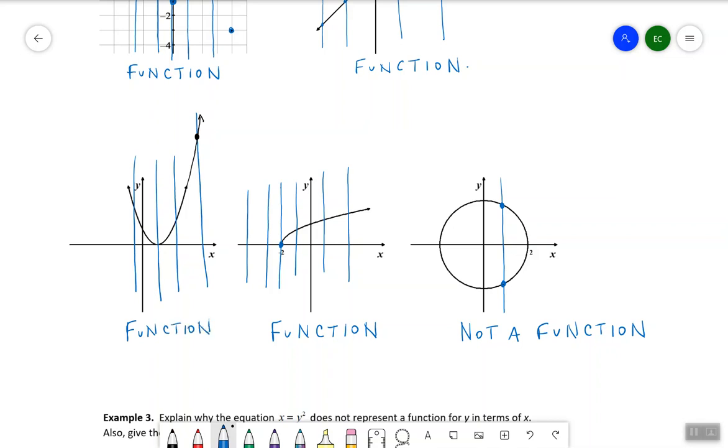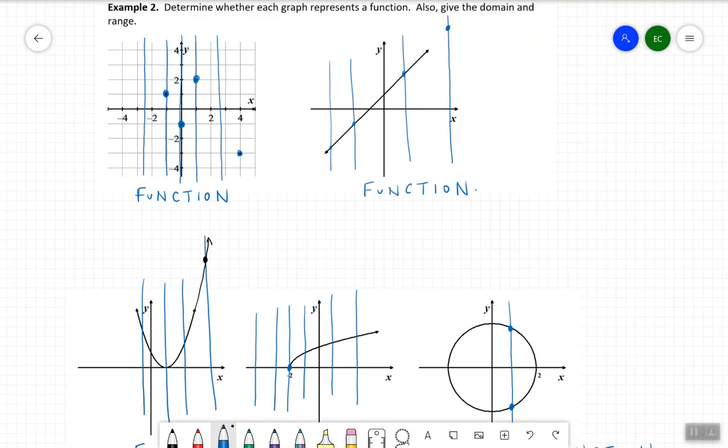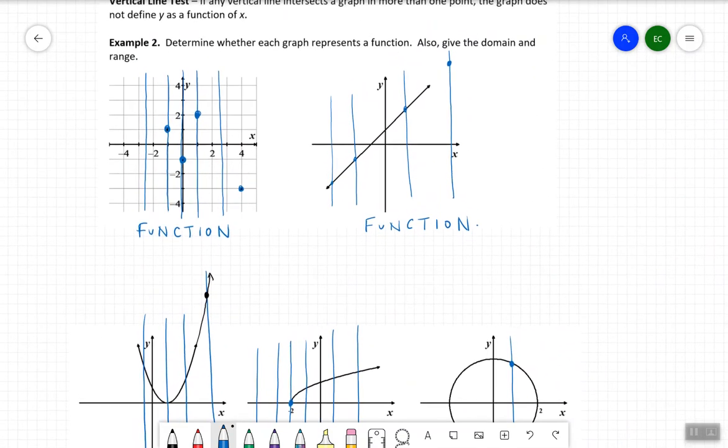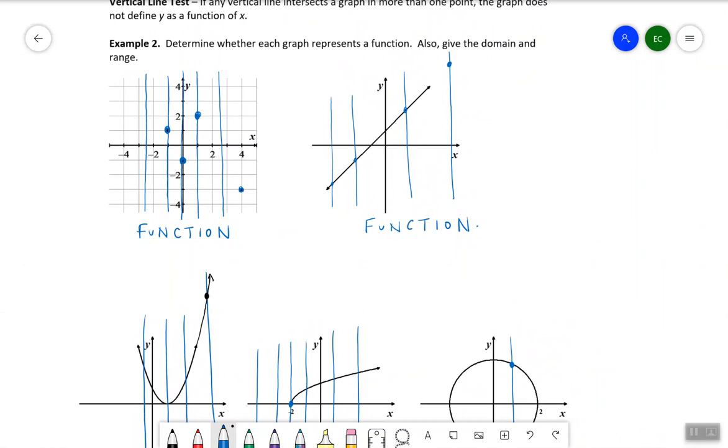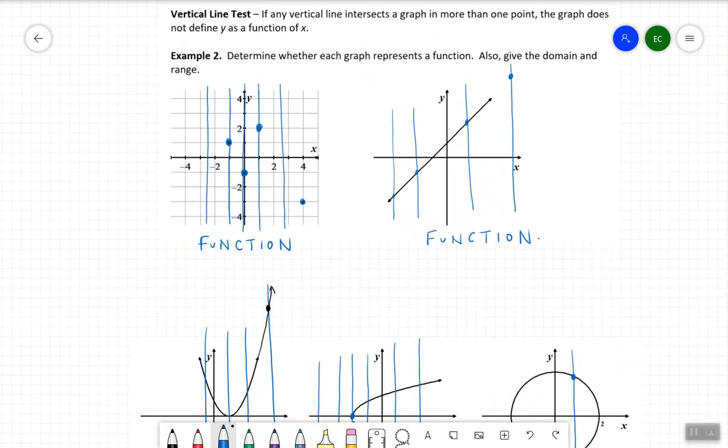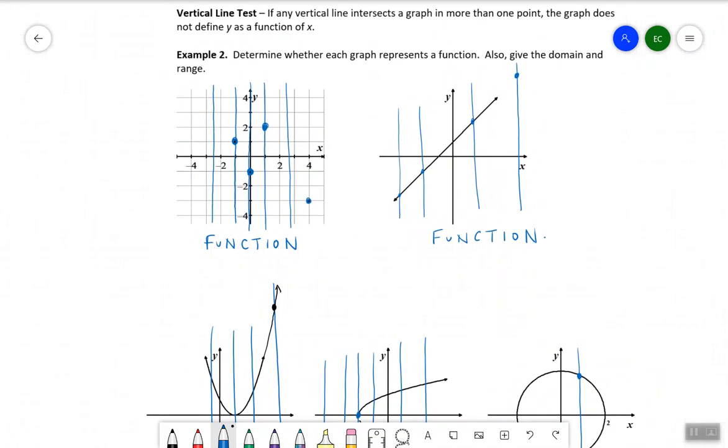And so now let's go on and talk about the domain and range for these functions. Look at this first one here. This first graph is a little different than the others because it's just these 4 discrete points.